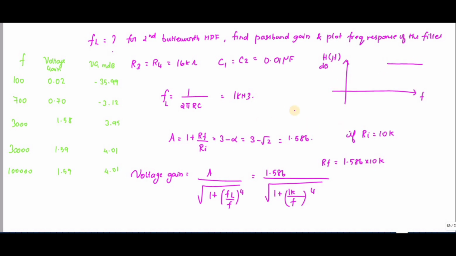So if you take 20 log of A, 20 log of 1.586, it will go up to a maximum of 4 point something.